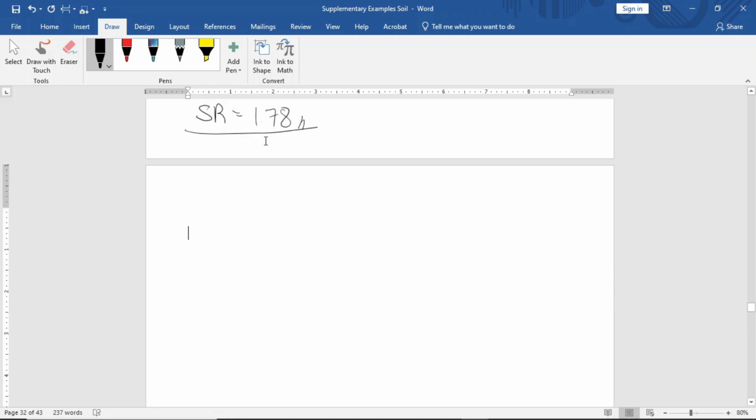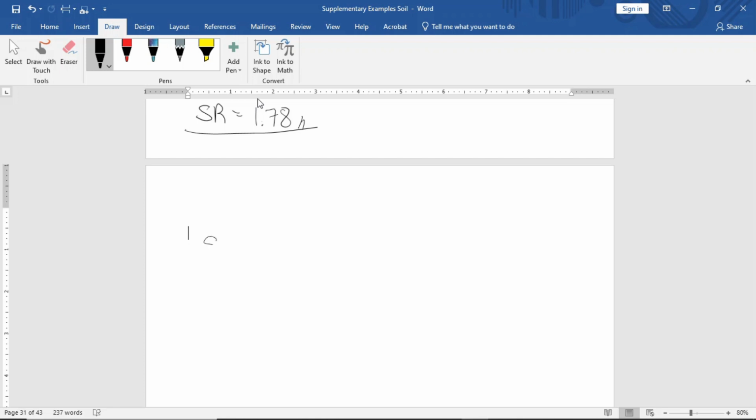So, after ma-compute yung shrinkage ratio natin, ang pinapahanap sa atin next is the volume of sample when the water content is 15%. Paano natin mahahanap yun? Substitute natin yung sagot natin na 1.78.